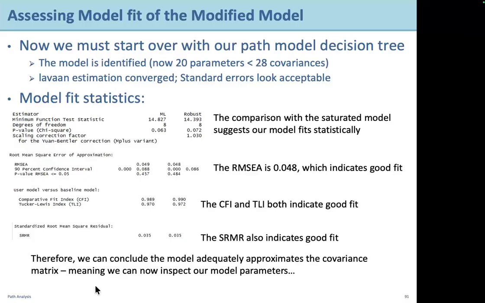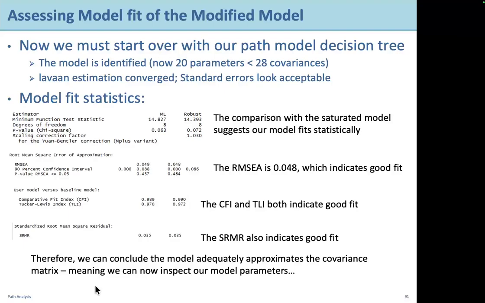The difference between the number of free parameters is 8. That's our degrees of freedom. So this 14.393 is a chi-squared test statistic with 8 degrees of freedom, giving us a p-value of 0.072. Now, this is a really powerful test.